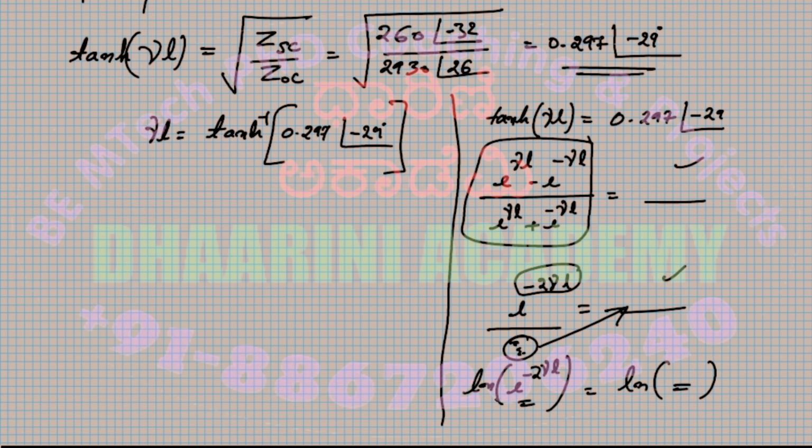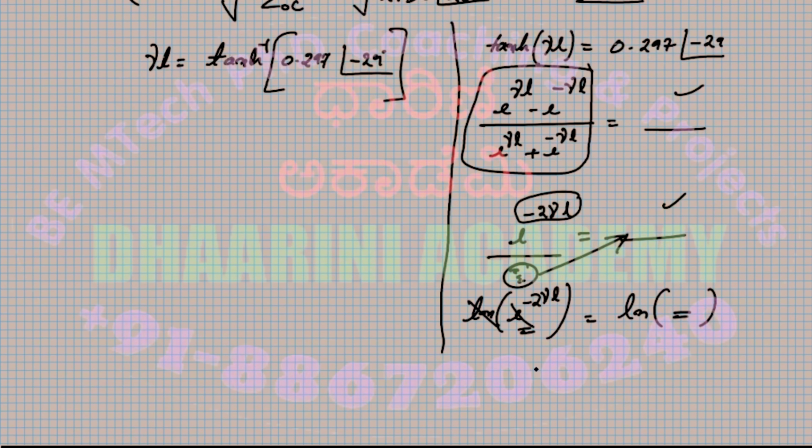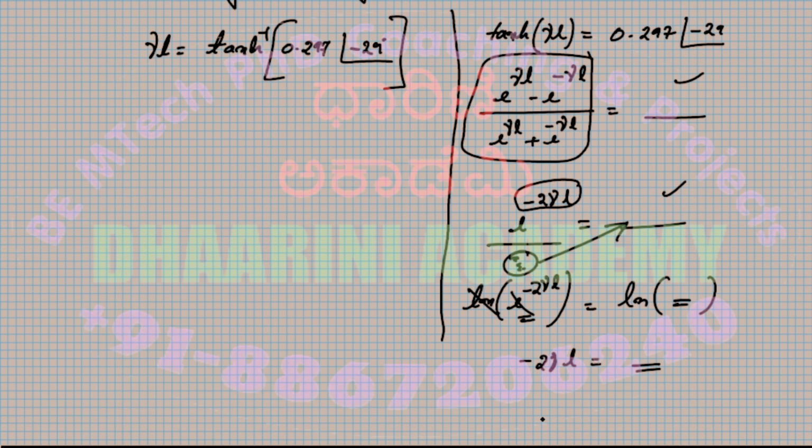So here ln and e cancel. In your next step you are bringing the gamma down, so that is minus 2 gamma L equal to some number, because ln of something is a number. In the next step I want to get gamma, so gamma is equal to whatever you have here divided by minus 2 times L.